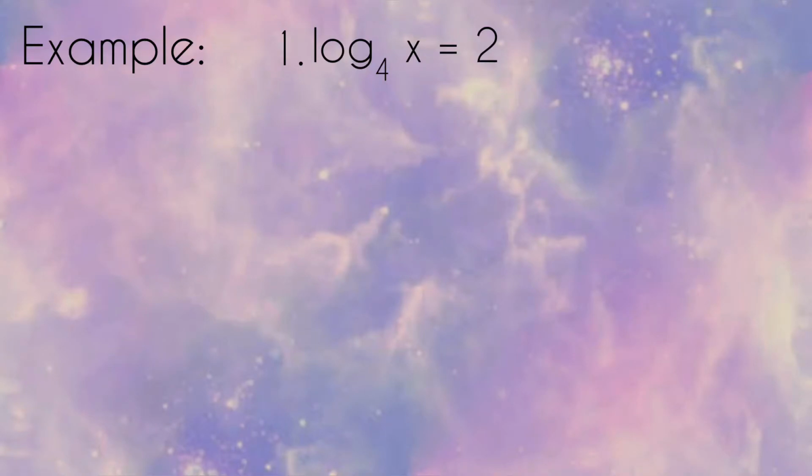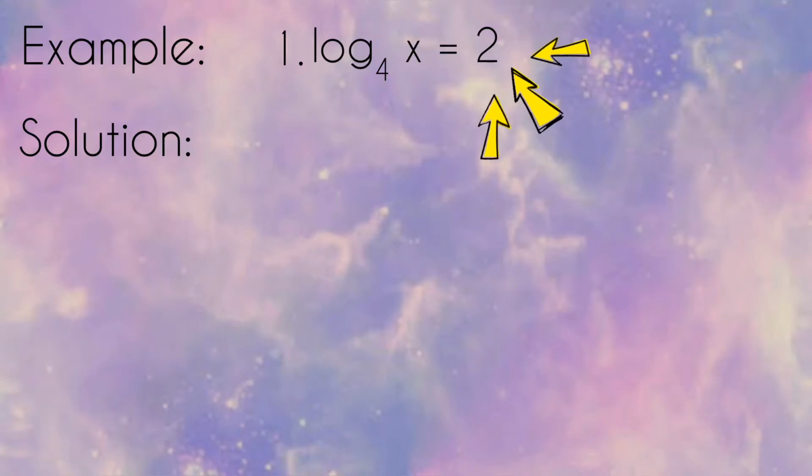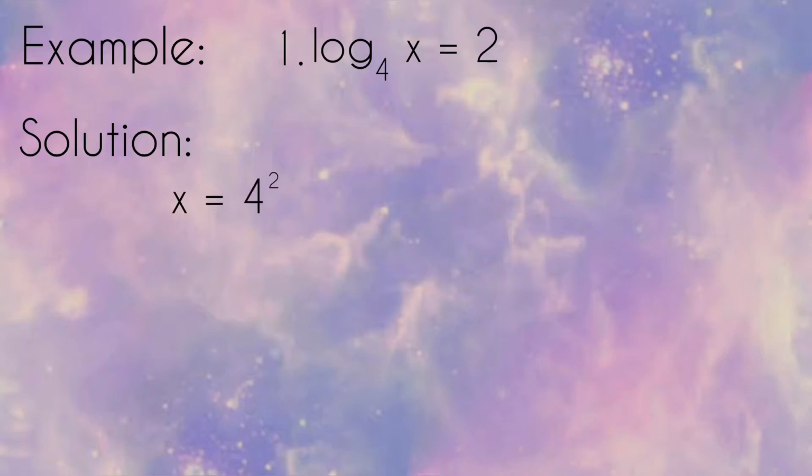In this equation, our first step is to transfer the logarithm base 4 to the opposite side, and the number on the opposite side must be the exponent of the base 4. So it is written as x is equal to 4 squared.